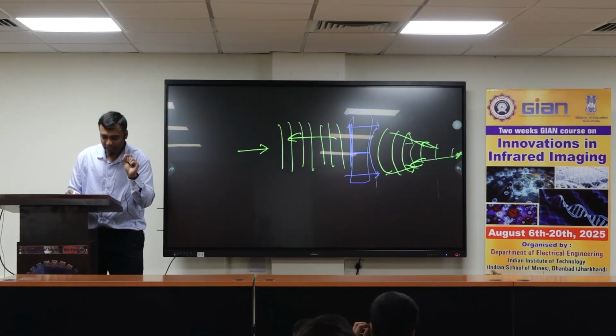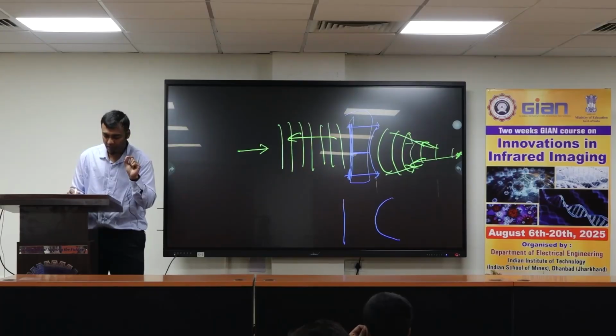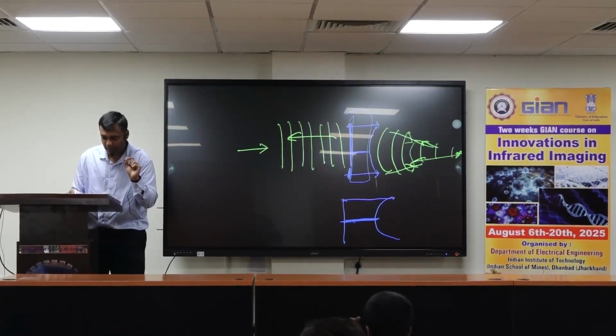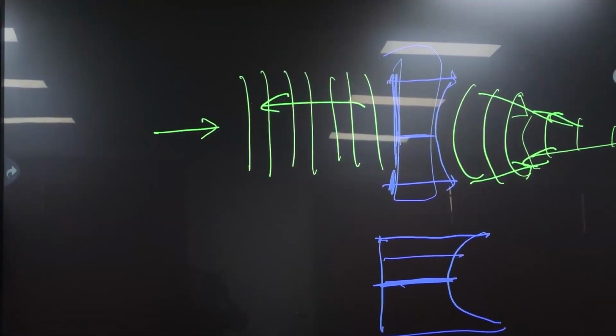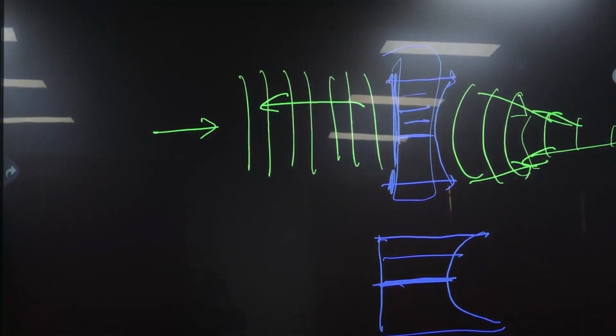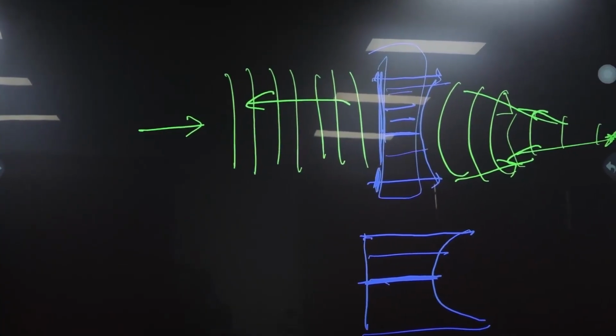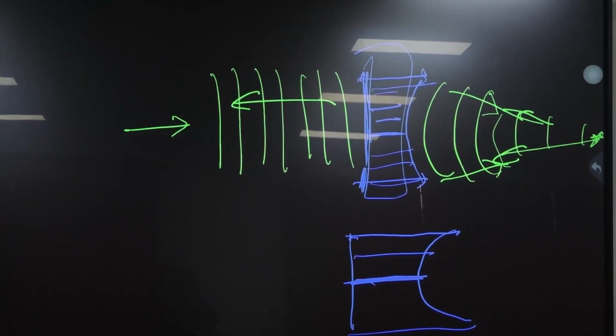So it takes the curvature here, which is flat, and converts it to this curvature. This is a lot of delay, and this is just a little bit of delay. So at every point along this direction, it delays it by some amount. That's essentially what a lens does.